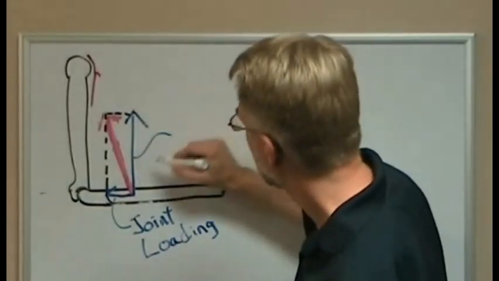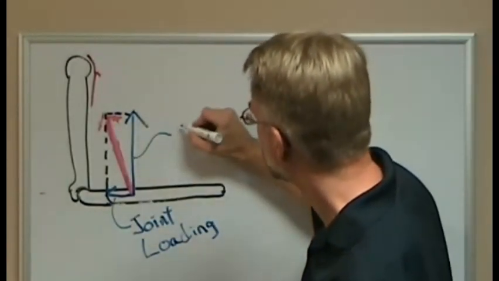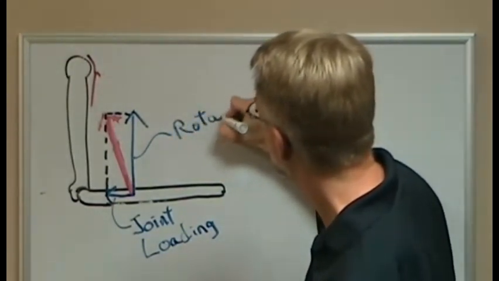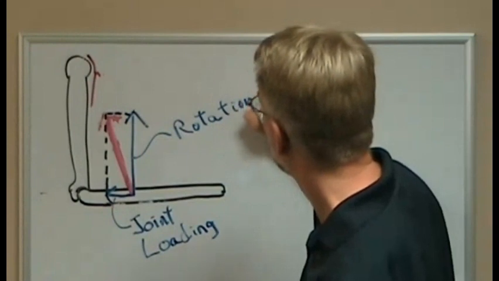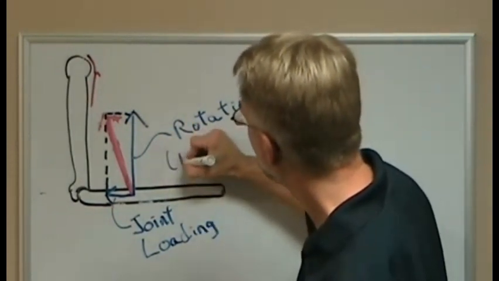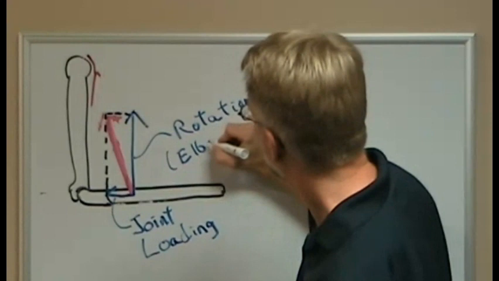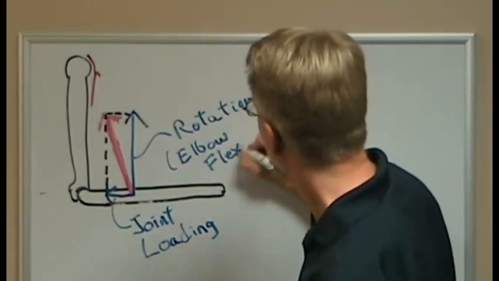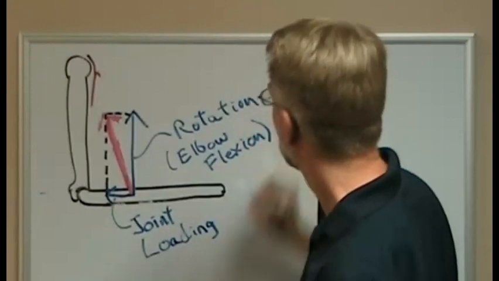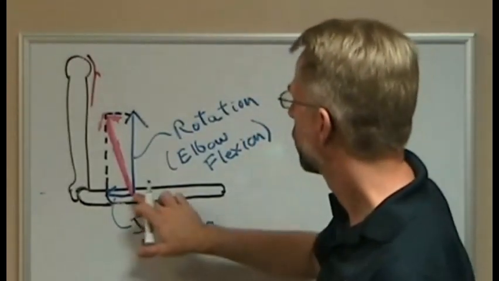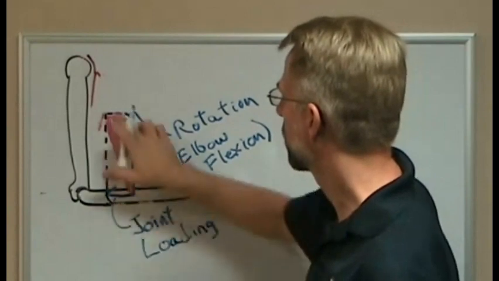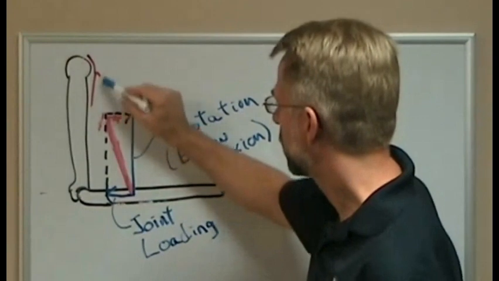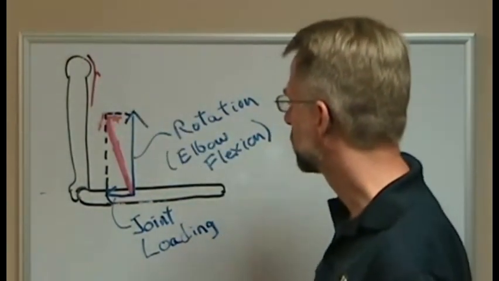We also have a relatively much larger amount of rotation, also known as elbow flexion. So those are the two components of that muscle force that exist from that force of that long head of the biceps.